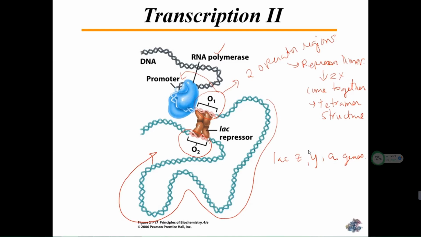The good thing about it is that the binding is transient, so it does come off, but then binds very quickly again. However, when it does dissociate, and prior to the binding of another tetrameric structure, within a short amount of time, it allows for the RNA polymerase to carry out transcription of this region at least once.